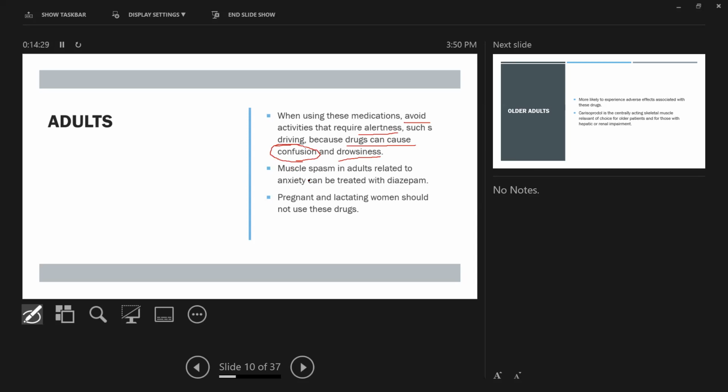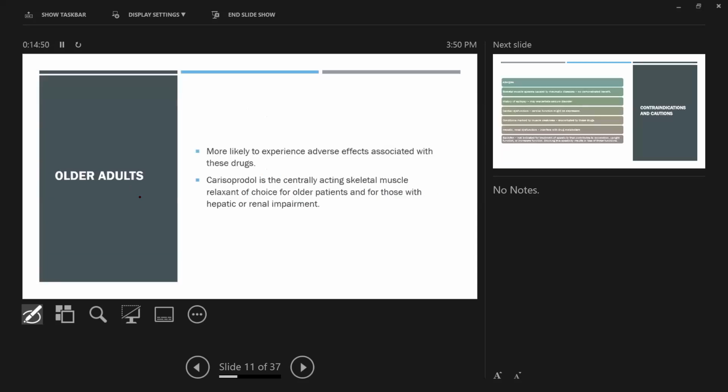If you have muscle spasms associated with anxiety, remember our dictum. If you can treat 2 things with 1 drug, do it. Treat them with diazepam, so-called Valium. Also, this is huge. Pregnant lactating women should not take these drugs. Contraindicated. In older adults, use them with great caution.